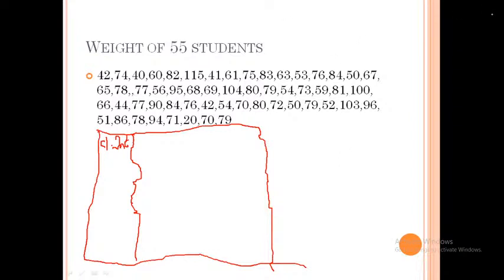And here the class interval you can start from the lowest value which you can find in the data, which is 40.